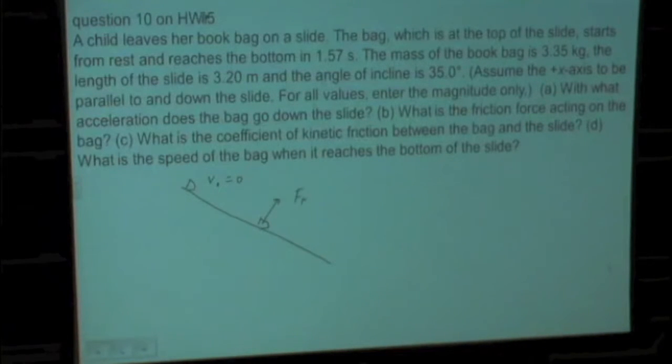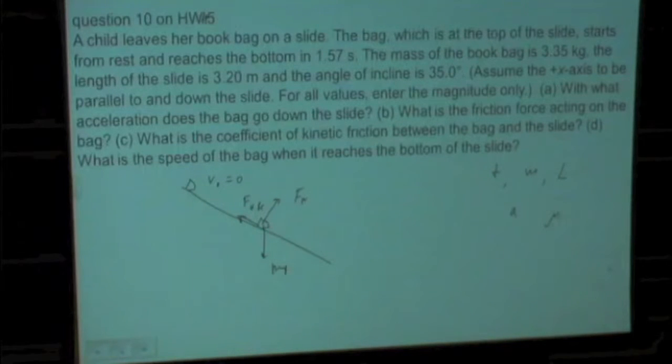The normal force, the force of gravity, and the force of kinetic friction, because it slides, it's kinetic, are acting. This is the free body diagram. And we need to relate time, mass, distance traveled, and acceleration. These variables are supposed to be related.